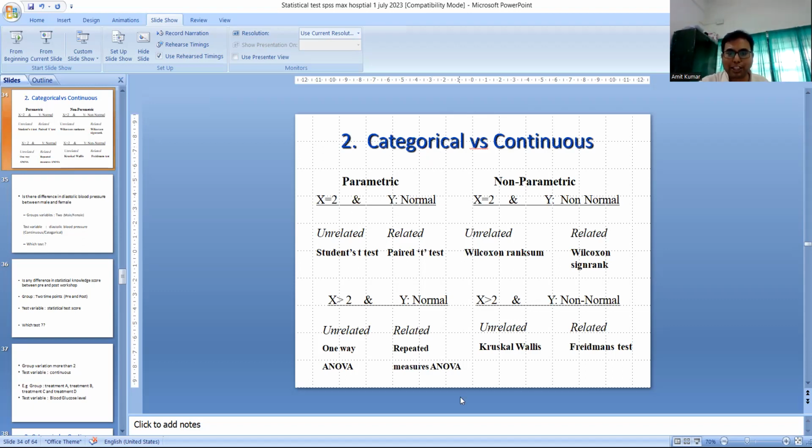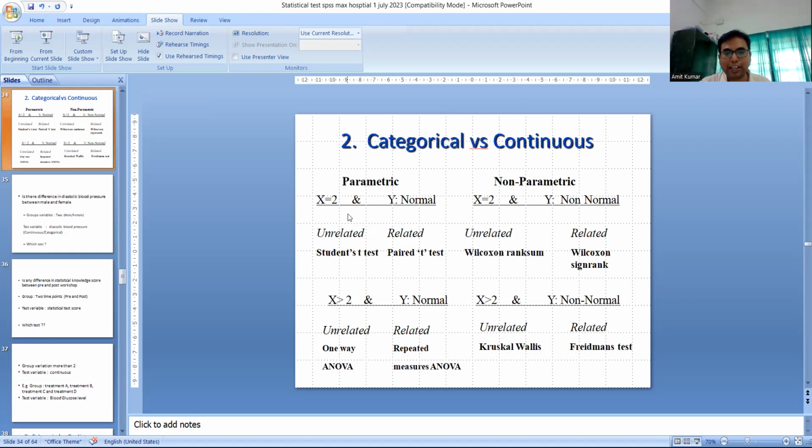The left half is the parametric version of the test, and the right half is the non-parametric version, used where the data is not normally distributed. If data is normally distributed, you use the parametric test; if not normally distributed, then the non-parametric test. So now you see the t-test.